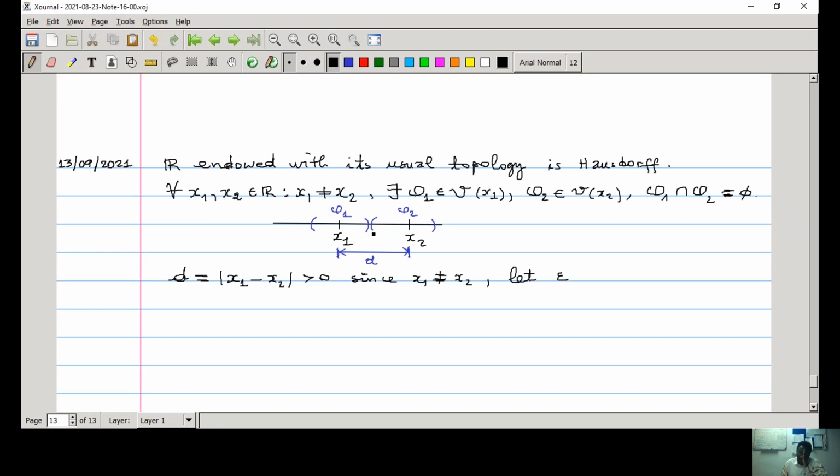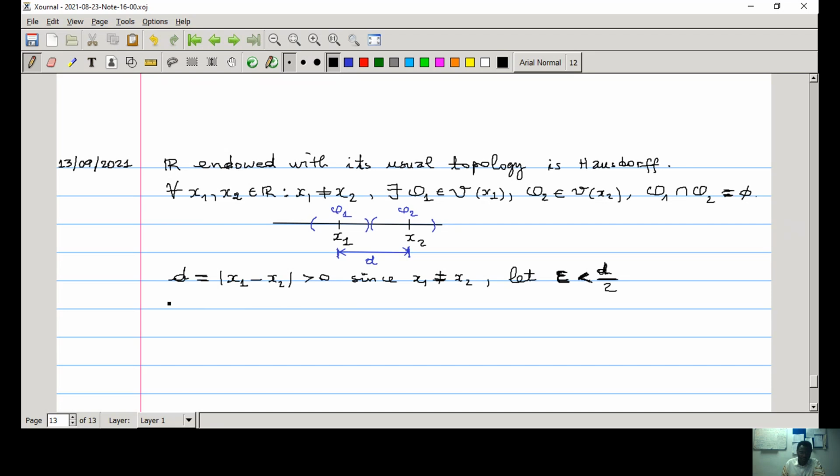Of course, if I decide to stick to the center of x, then I will be using epsilon like this. So I used my epsilon, right? I will take it less than d by 2. If my epsilon is less than that distance by 2, so let epsilon be less than d by 2, I'm done, right?